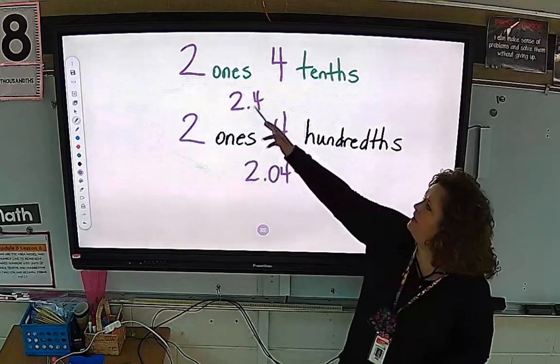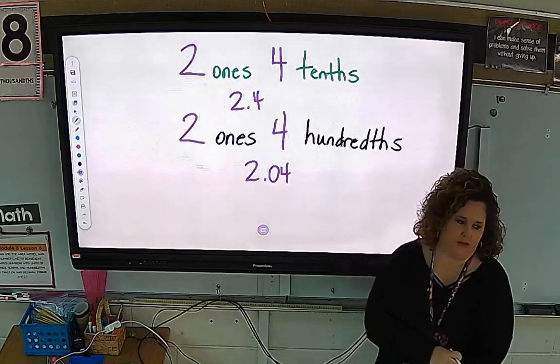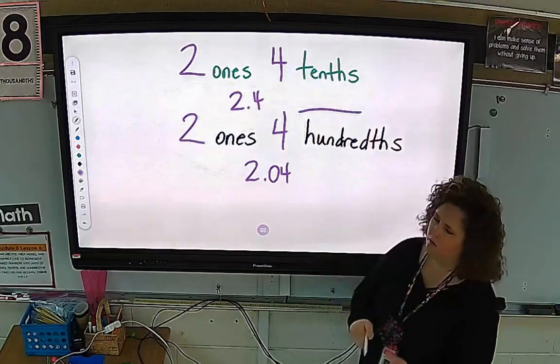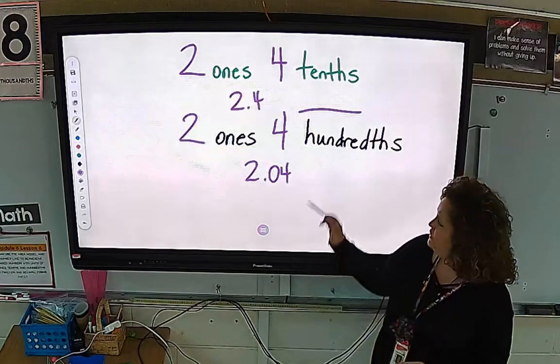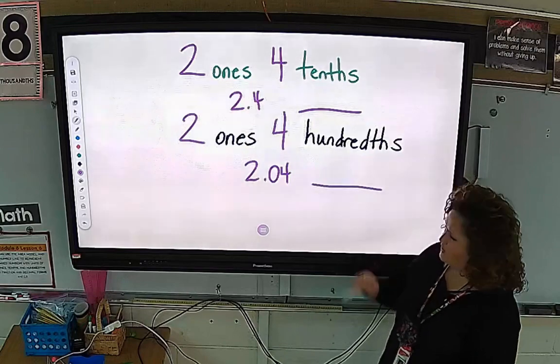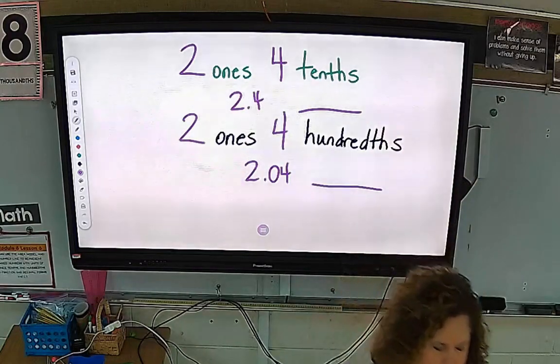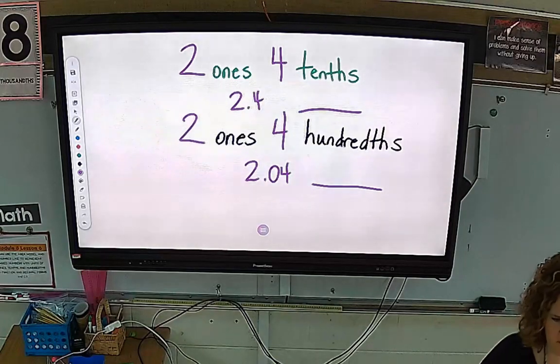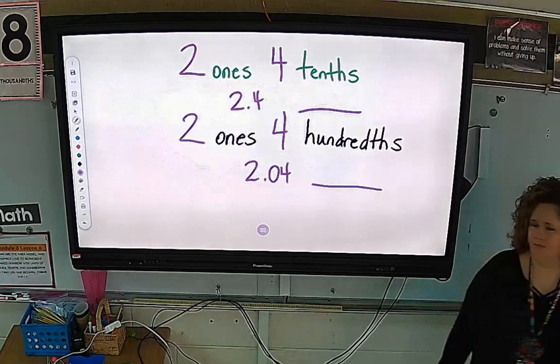What does 2 and 4/10 look like as a fraction? Write that out beside it. And what does 2 and 4 hundredths look like as a fraction? Write that out beside it. Pretty much write what you hear. 2 and 4/10, 2 and 4 hundredths.